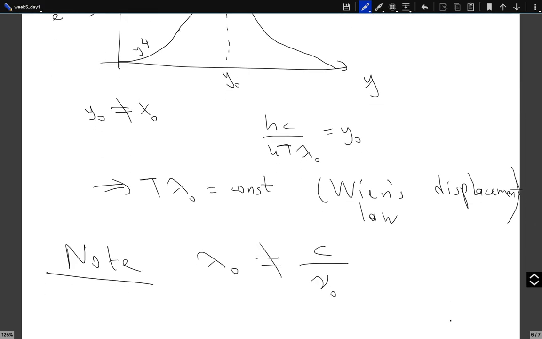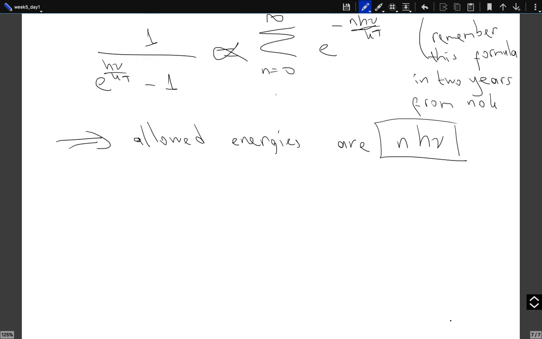Similarly here, why do these oscillators emit only in multiples of h nu? We don't know. It's just how nature behaves. We hope to understand it one day, but we are not yet there. We will have an explanation for why multiples of h nu towards the end of the course, but I don't call that an explanation, because we will be explaining one unknown in terms of some other thing which we do not know why.